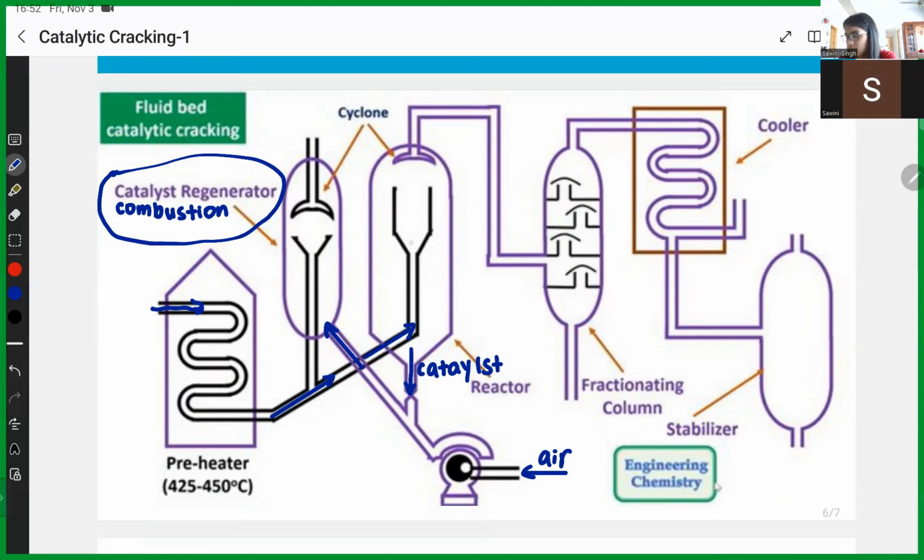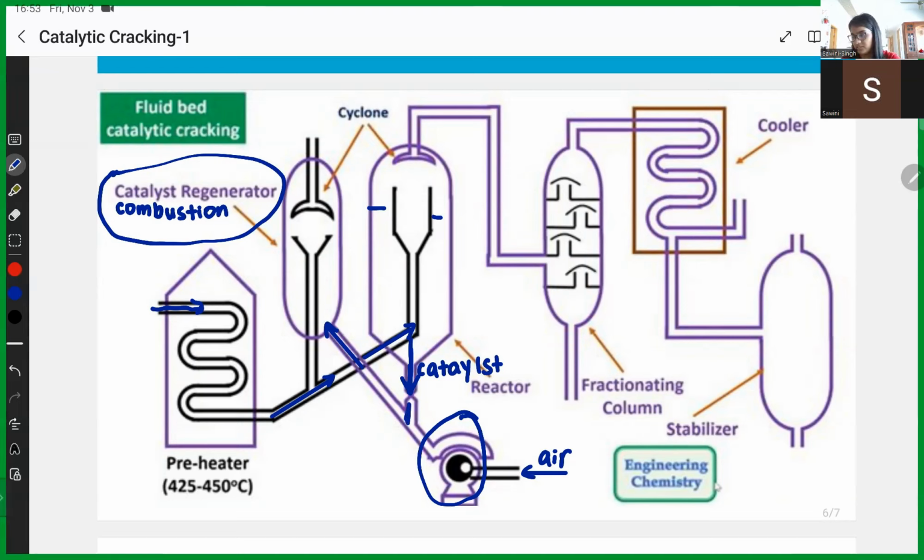And here, under the beds of catalyst, they'll be cracked. But these beds of catalysts are not fixed, they are fluid. And so the catalyst used can be dropped here. And this is a blower. So it will blow air in, and the catalyst dropped here will go back here to the catalyst regenerator.